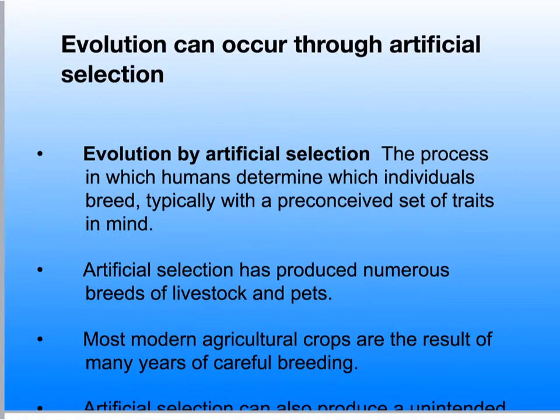Evolution can also occur through an artificial selection process. Artificial selection, natural selection, and a random process, remember, are the three primary ways that evolution occurs. Humans have long influenced evolution by breeding plants and animals for desirable traits that we want or need to feed our families.